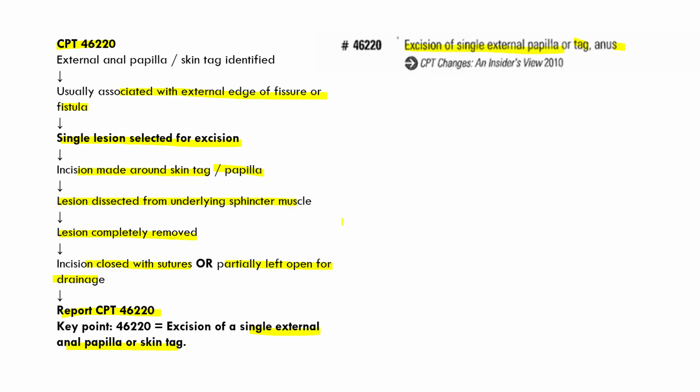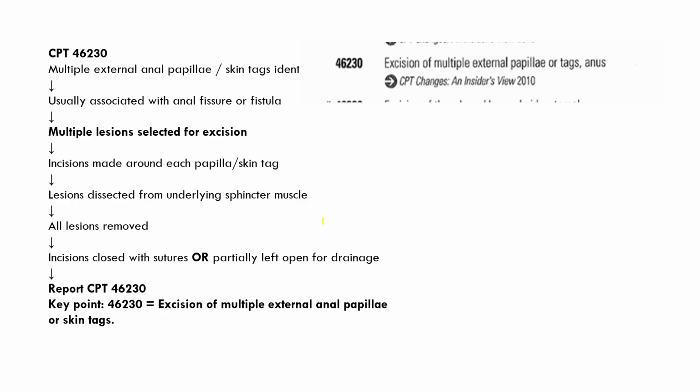Okay, next we will move to the next slide. We have CPT 46230. So here he is excising the multiple external papillae or tags from the anus. Earlier he was excising only one external papilla, but here he is excising multiple external papillae.